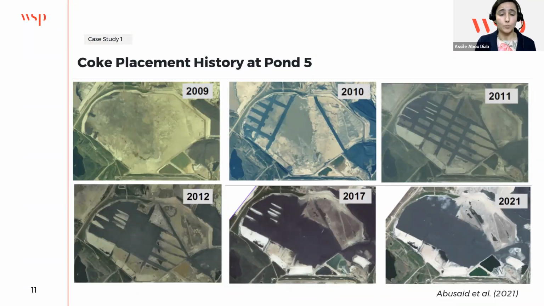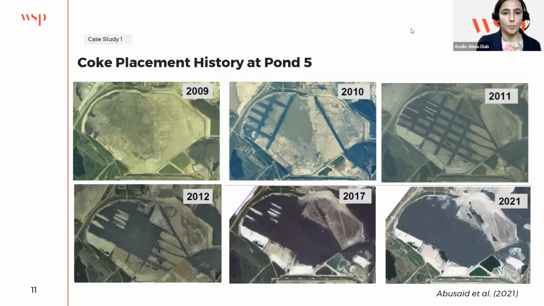The tailings at Pond 5 range anywhere from 1 meter to 50 meter thickness, so a really variable thickness and thick deposit of tailings. The idea was to cover the tailings and install vertical strip drains to accelerate the dewatering and consolidation of the tailings.